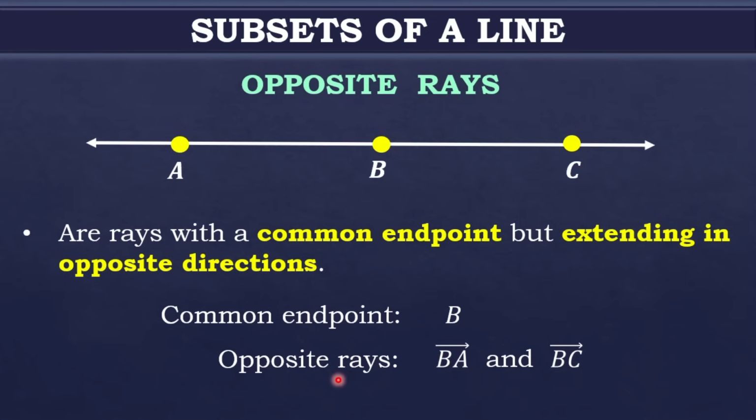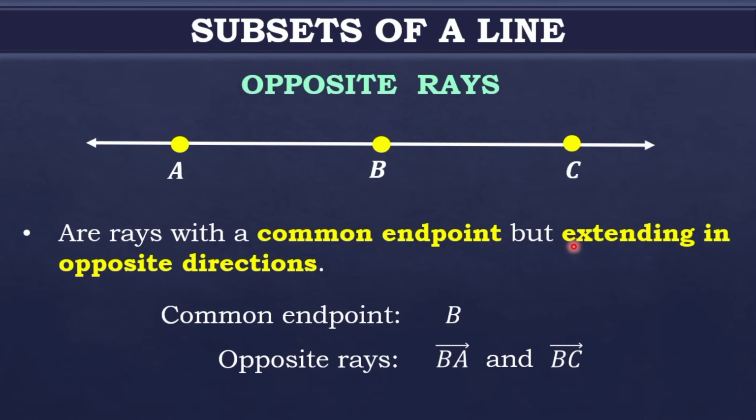Okay? So, ang opposite rays natin, lagi po siyang pair. So, gagamit tayo ng and. So, opposite rays natin dito sa figure natin, ray BA and ray BC. Okay? So, pag sinabi pong opposite rays, meron silang common endpoint at nag-e-extend sila in opposite direction.